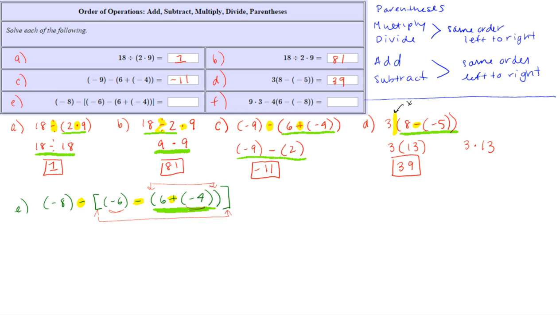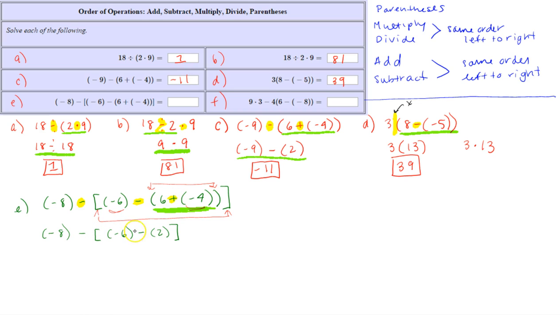So let's perform that first operation. We'll copy everything down before it. Negative 8 minus bracket, negative 6 minus, and 6 plus negative 4 is 2. So we perform that addition.